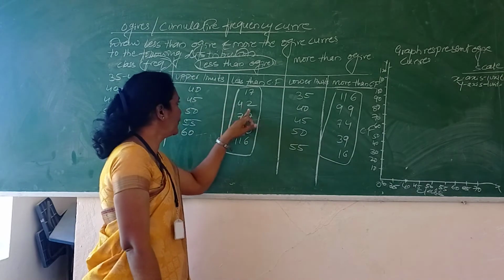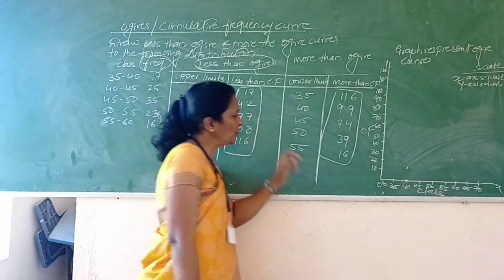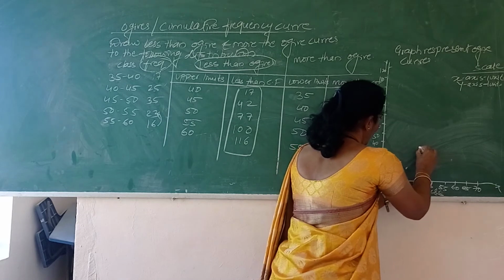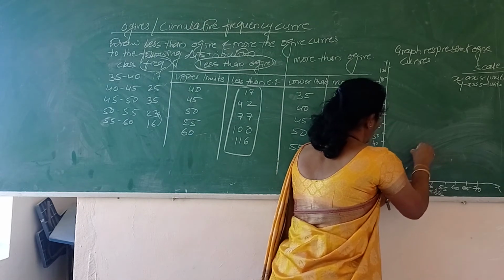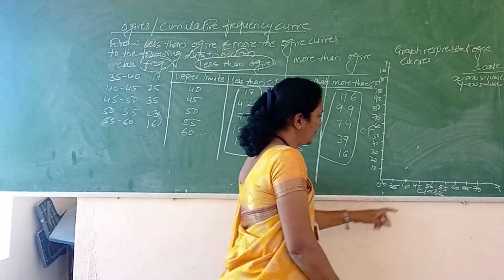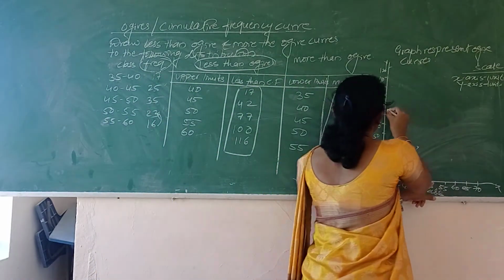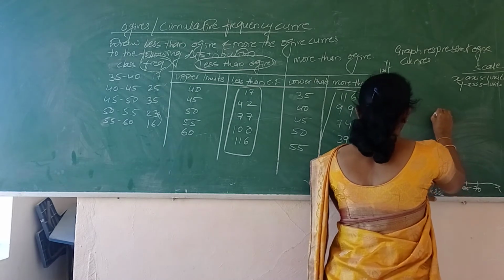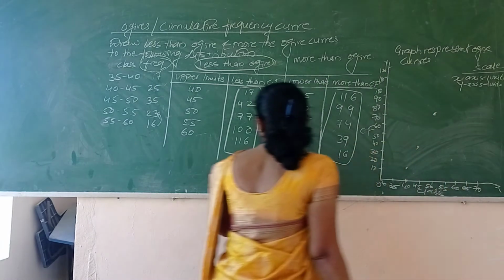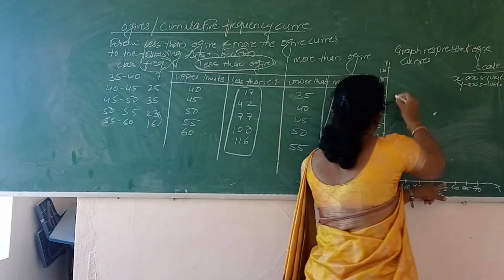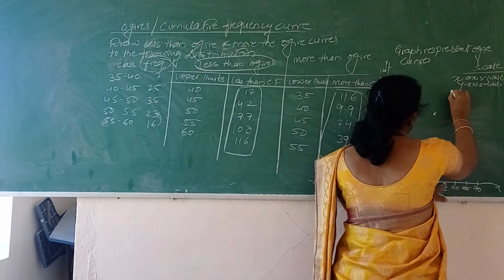Then for 45 it is 42. Then for 50 it is 77. For 55 it is 100.